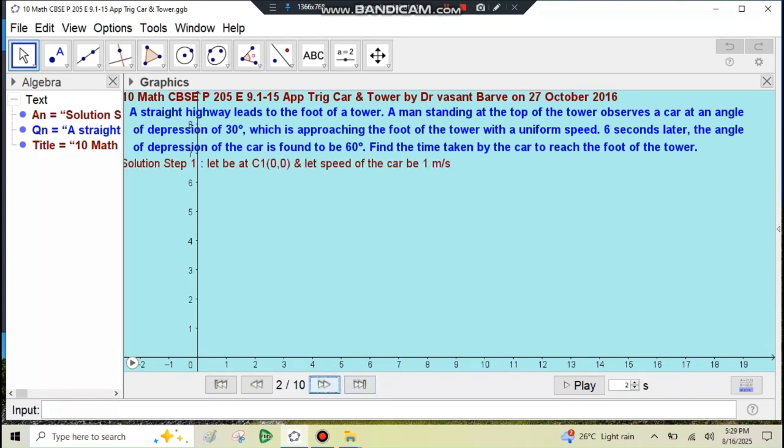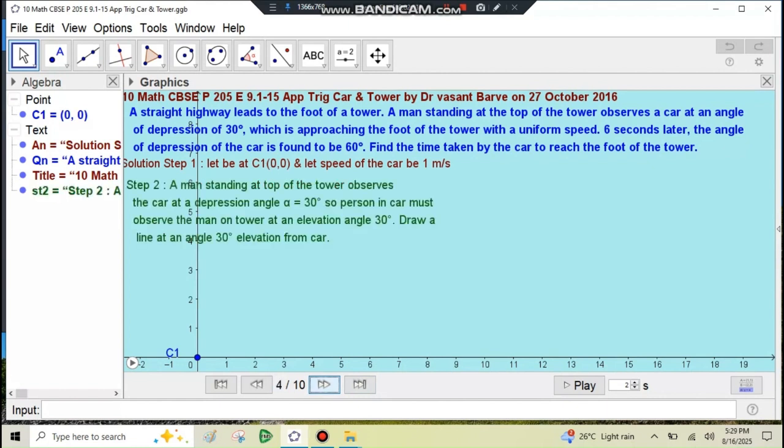We'll make solution step 1. Now let's see, C1 is the position. The man standing at the top of the tower observes the car at depression 30 degrees. So the person in the car must observe the man on the tower at the elevation angle of 30 degrees.